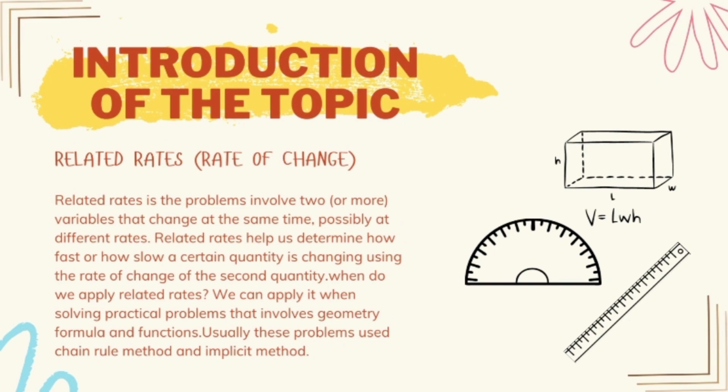When do we apply related rates? We can apply it when solving practical problems that involve geometry formulas and functions. Usually, these problems use the chain rule method and the implicit method.